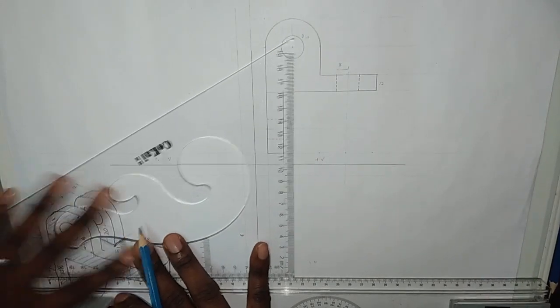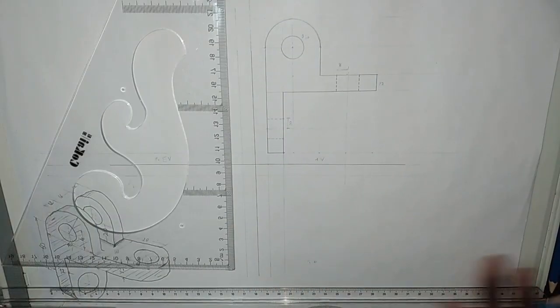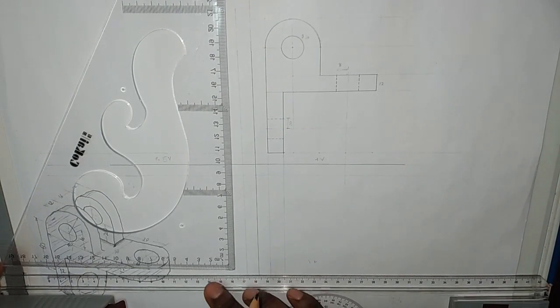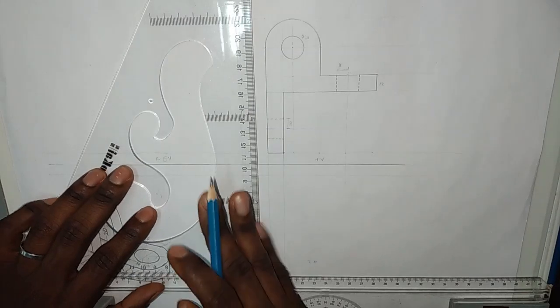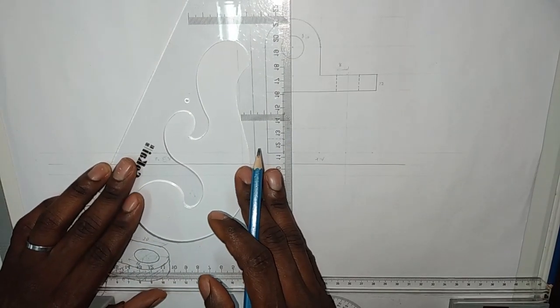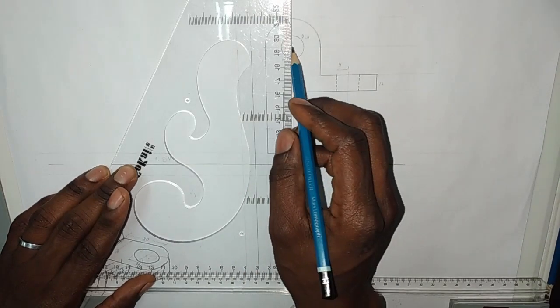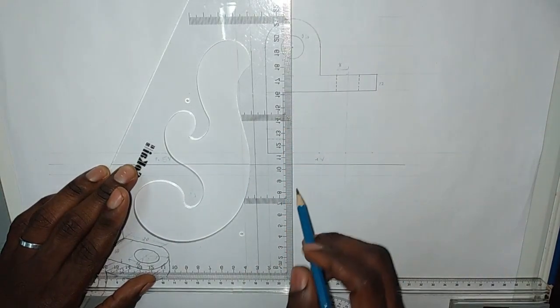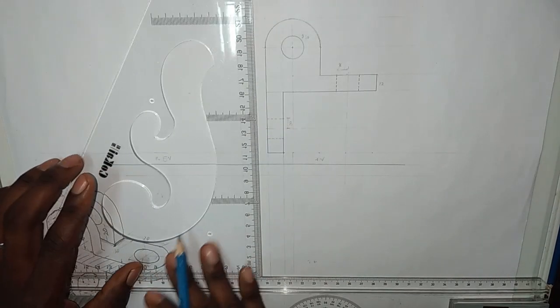Then we should also include projection lines for the center. Okay, so our projection lines from here, from the center of the circle all the way down.